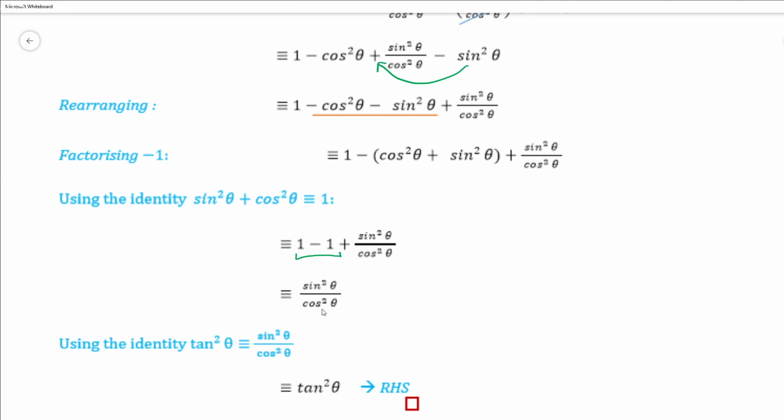So then this is equal to tan squared theta, and that is what we want to get from our proof. So hence we have proven that identity, and this is the right hand side. So at the end of our proof, we can write the letters QED, or we can put our box to show that our proof is complete.